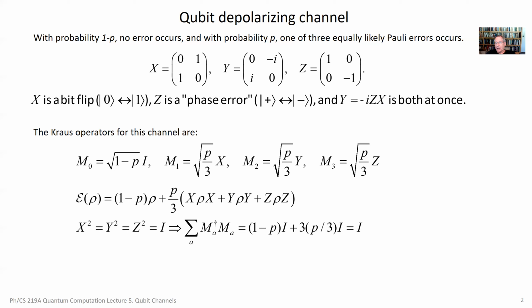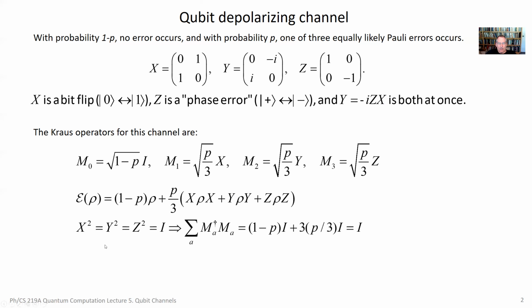So now if we think about our operator sum representation, remember how it works. The channel acting on an input density operator is going to be the sum of four terms, which is, in this case, all of our operators are Hermitian, so I don't have to worry about the difference between M and M adjoint.